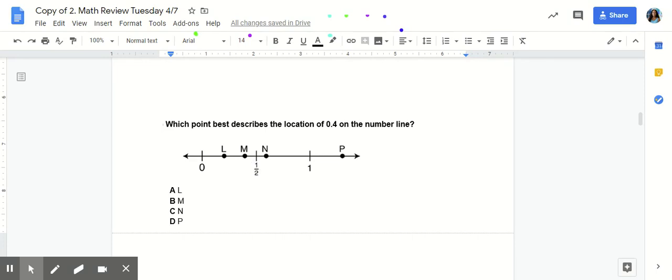So I know that 4/10 is close to 5/10, right? Which is a half. Now, would 4/10 be closer to 0 or would it be closer to 5/10? It would be closer to 5/10. So I know here that my answer is going to be B, M. M would be the point that best describes 4/10.